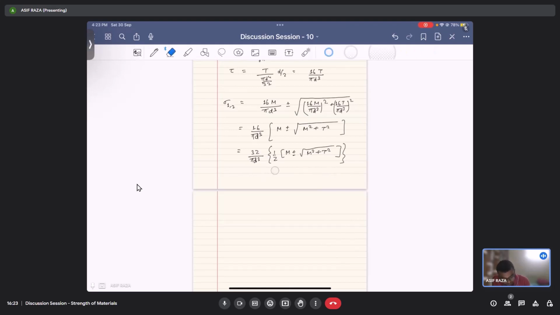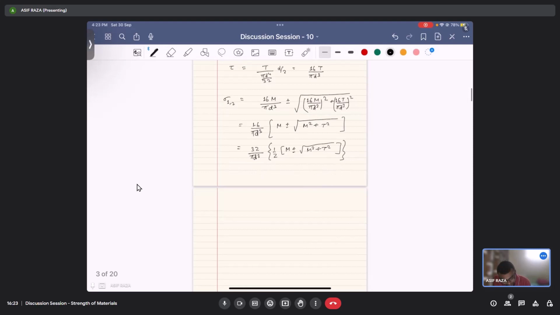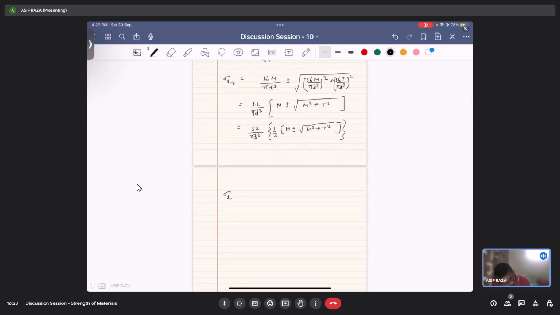I'll write this properly. Sigma 1, 2 is 32 M equivalent by pi d cube, where M equivalent is half of M plus minus the square root of M square plus T square.